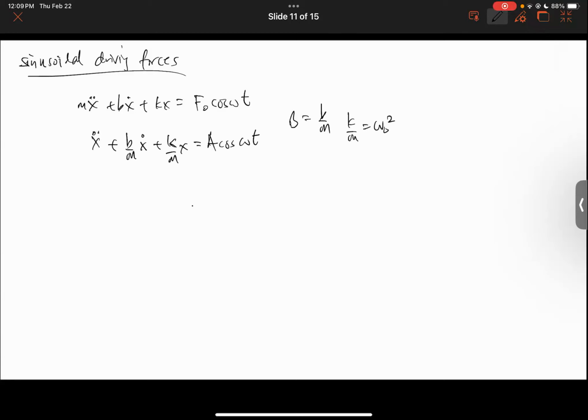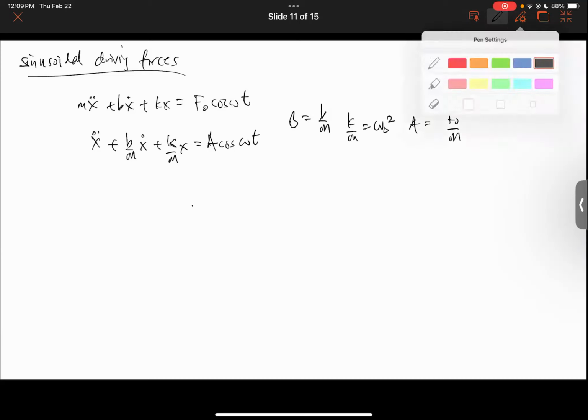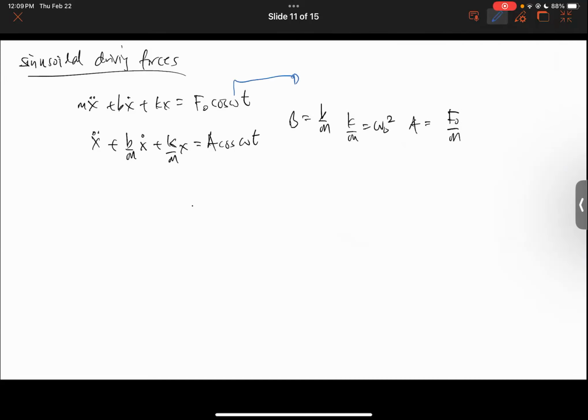Okay, and a in this case is f naught over m. Okay, and omega dito is the oscillation of the driving force. Okay, frequency of the driving force.